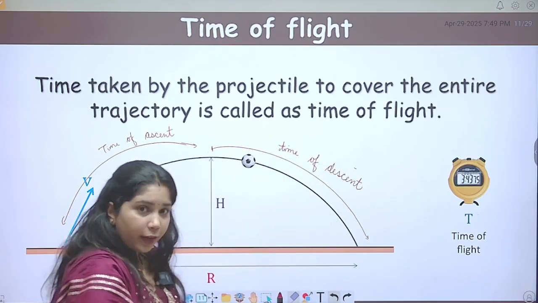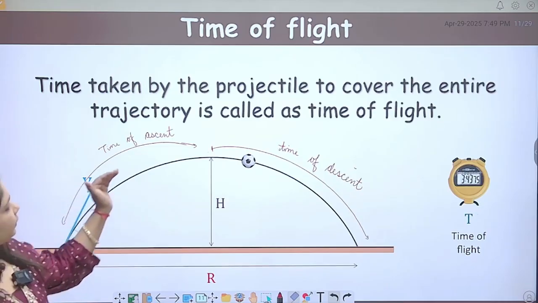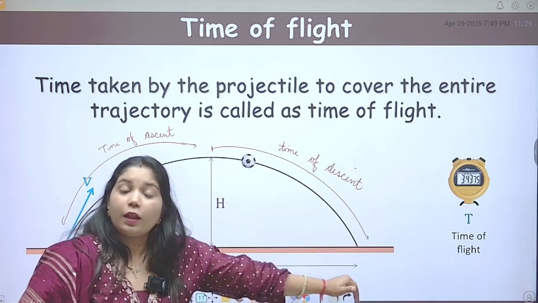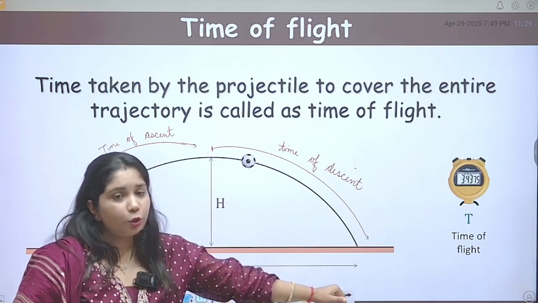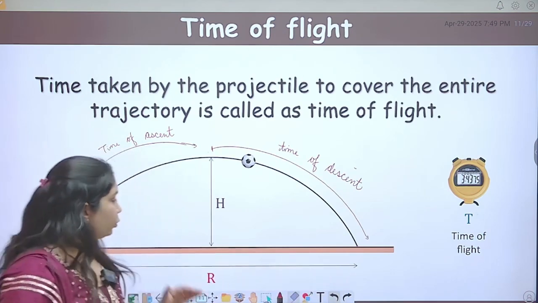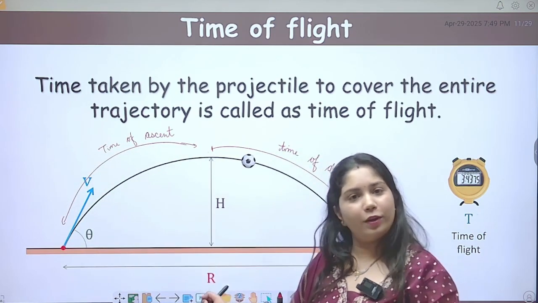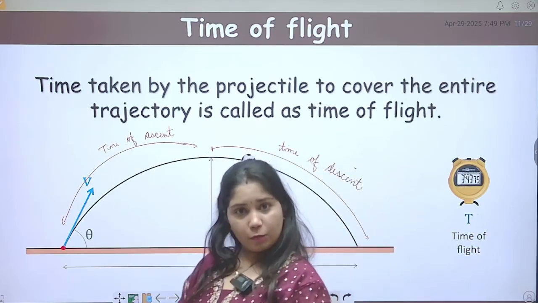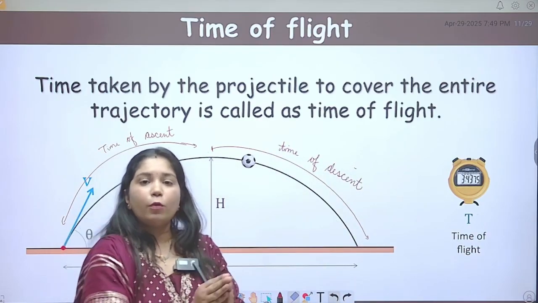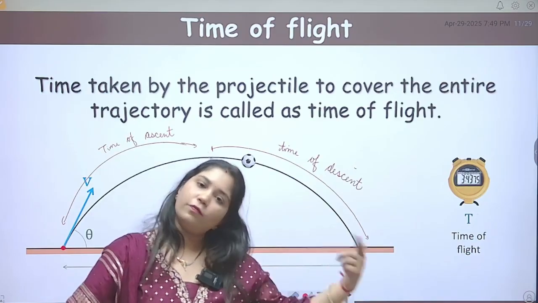What is time of flight? The total time traveled by an object for the projectile motion is called time of flight. Time of ascent plus time of descent is called time of flight.